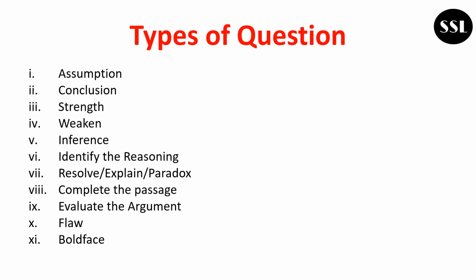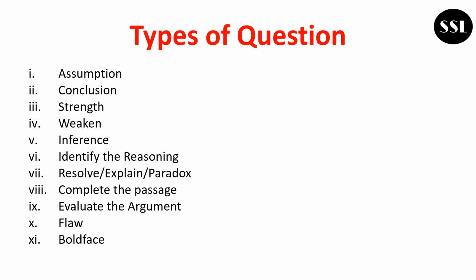Then evaluate the argument. Here you have to identify the answer choice that either weakens or strengthens the given argument. Then flaw. Flaw is basically identifying the reasoning, but the nature of the flaw is weakening.